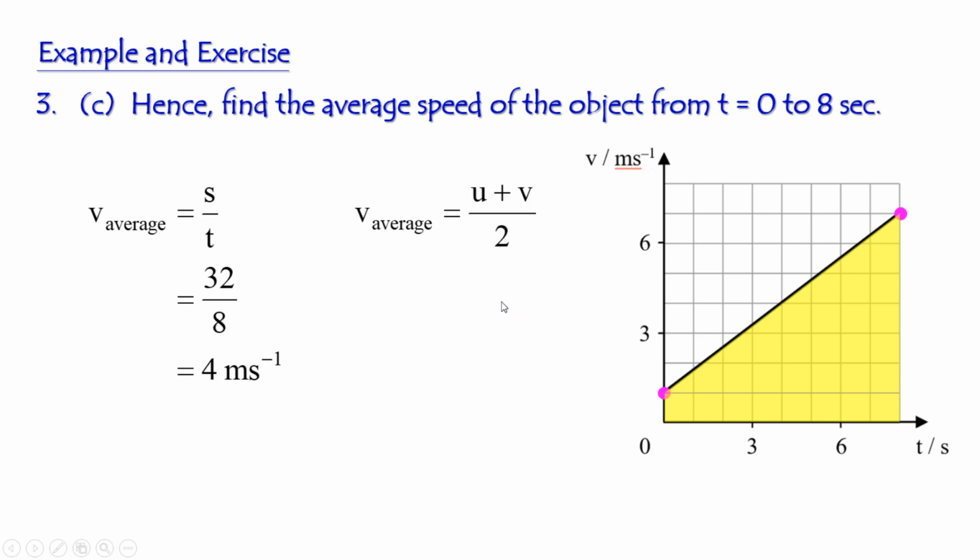Let's check out whether the answer is correct or not. The initial speed is 1 and the final speed is 7, and then divided by 2, which is equal to 4 meter per second. Is it okay? So you can use either of the formulas to find out the average speed of the object.